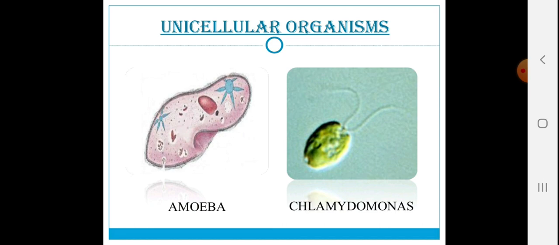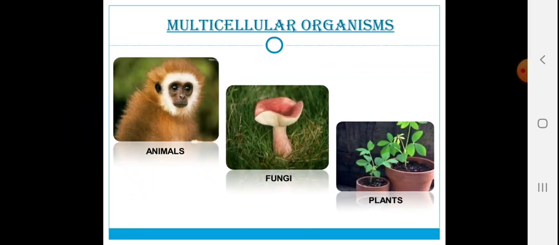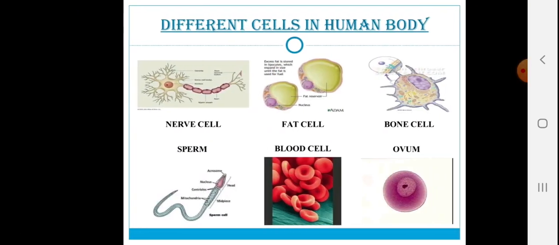Both are unicellular organisms. Multicellular organism: again break the word, multi means many, cellular. So organisms with more than one cell, or millions of cells, are known as multicellular organisms. Examples are animals, fungi and plants.